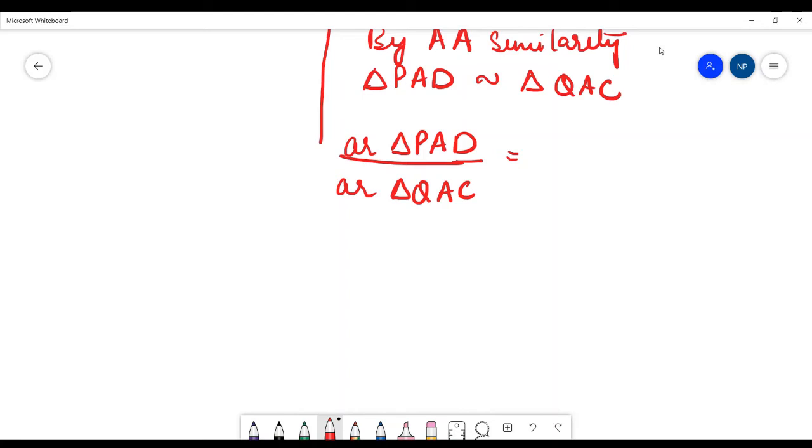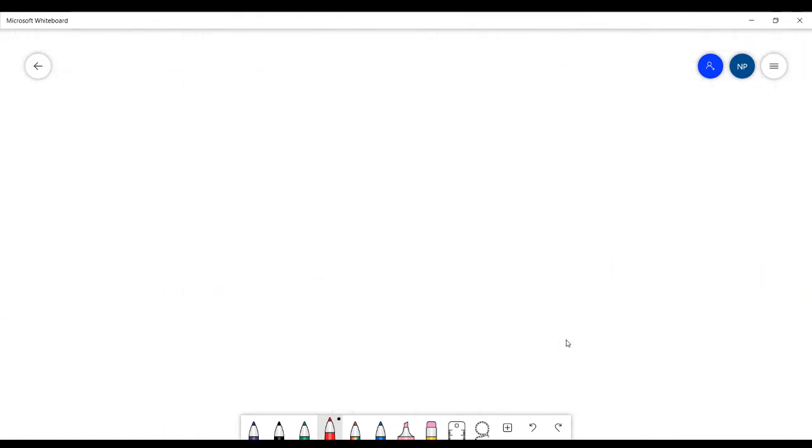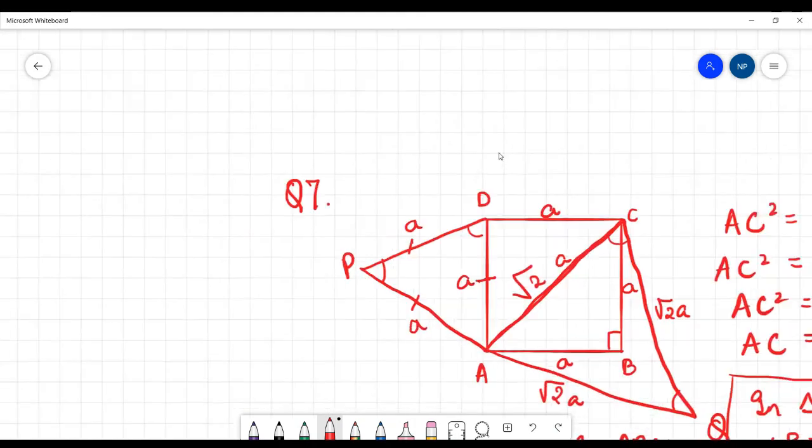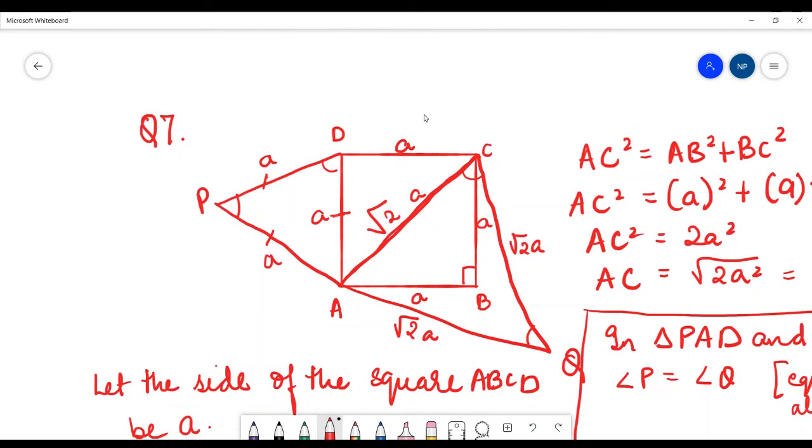So which two corresponding sides we will take? We will take the corresponding sides AD square upon AC square. Now I'm telling you which sides we are taking. Look in the diagram. This is the diagram. We have taken AD square, this particular line, upon AC square.